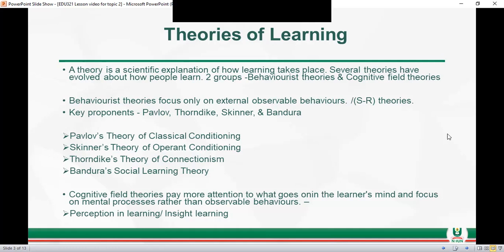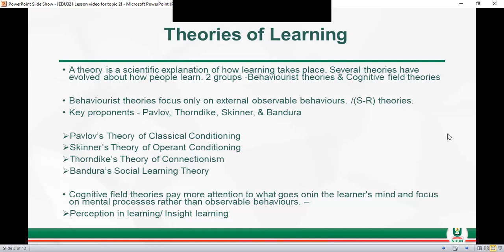The main proponents of the behaviorist theories include Pavlov, Thorndike, Skinner, and Bandura. And there are various theories that they propounded. For instance, Pavlov's theory is known as the theory of classical conditioning.